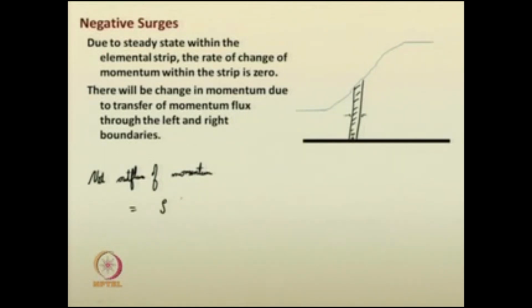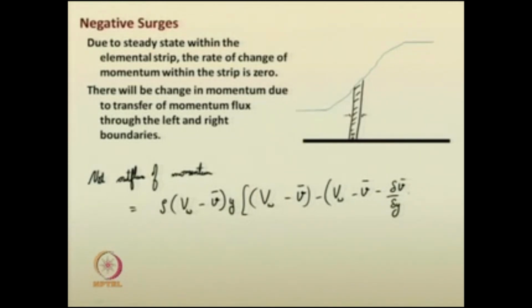This is nothing but rho (Vw minus V bar) into depth y into (Vw minus V bar) minus (Vw minus V bar minus del V bar by del y into delta y). This is how I can write.